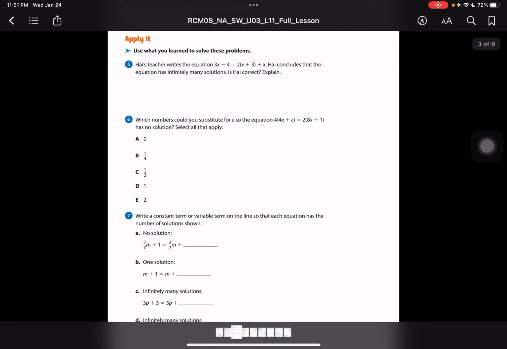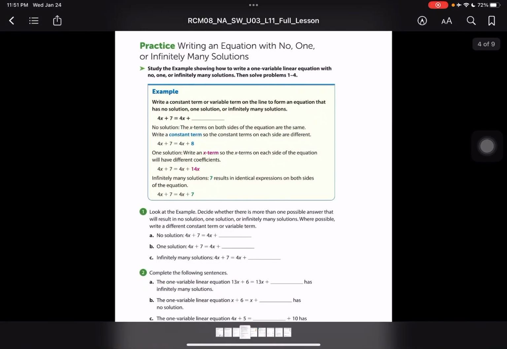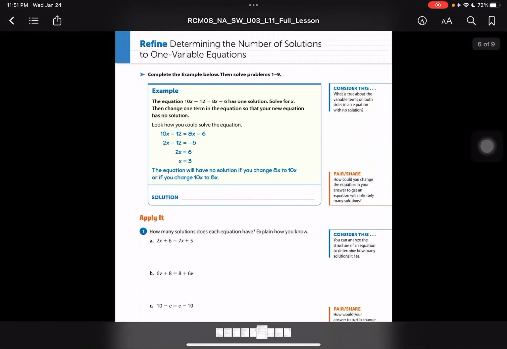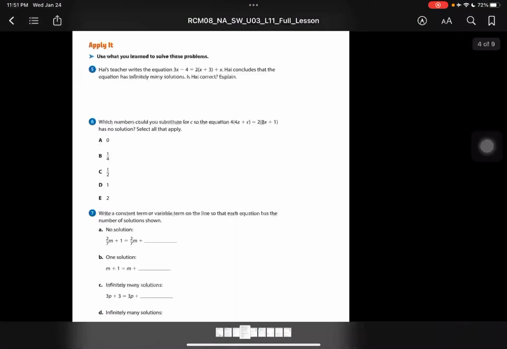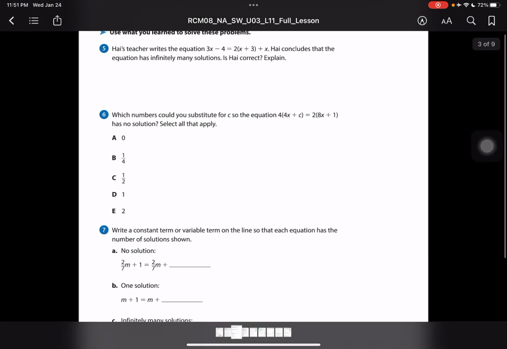Then after we do the apply it, I want you to work on pages 263 and 264 on your own. Whatever you do not finish from 1 through 4 will become your homework. So you can work on your own, or if you think you still need some help, we can work through it together. Therefore, you'll be ready to work on your homework tonight.